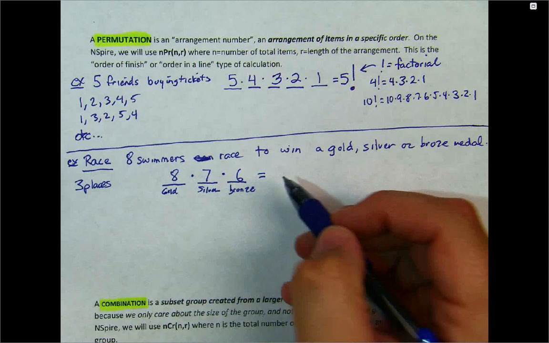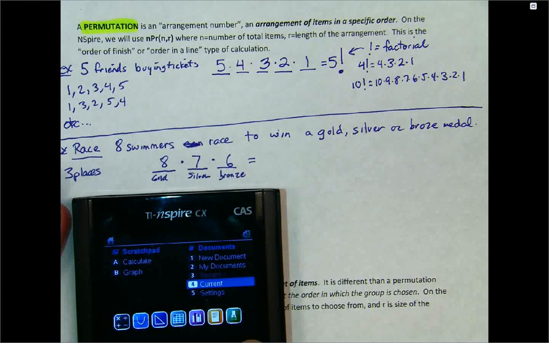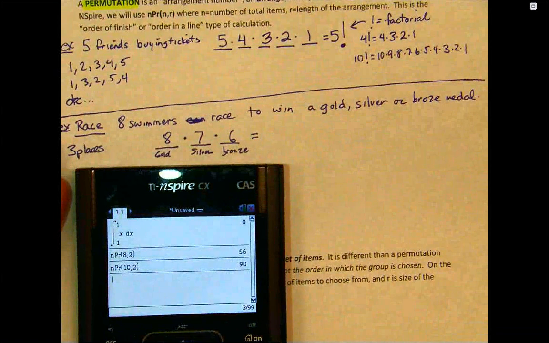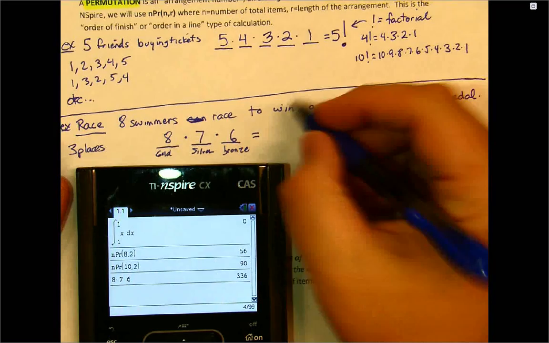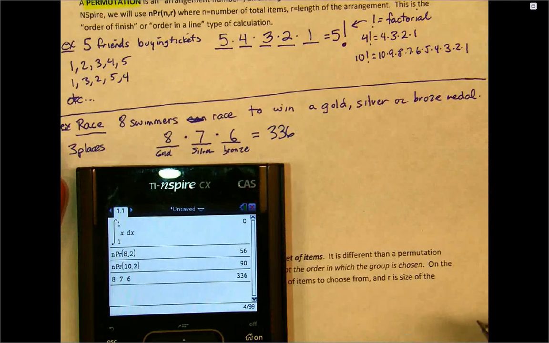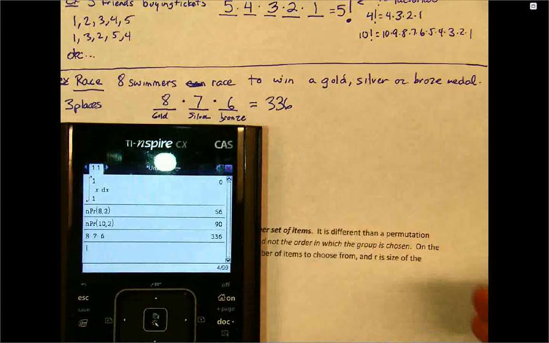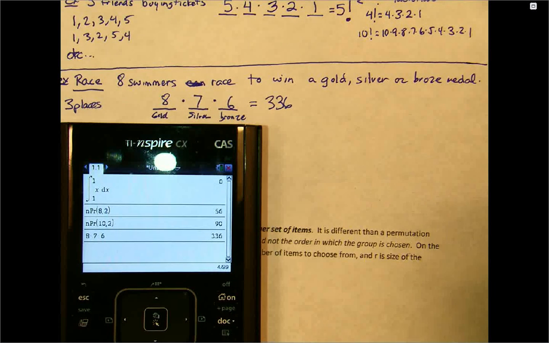And this ends up being a calculator problem, unless you could do this in your head. We could go 8 times 7 times 6 and enter that, and we get 336. So there are 336 possible outcomes to this race, where anyone from whoever's in lane 1 to 8 could possibly win this race.